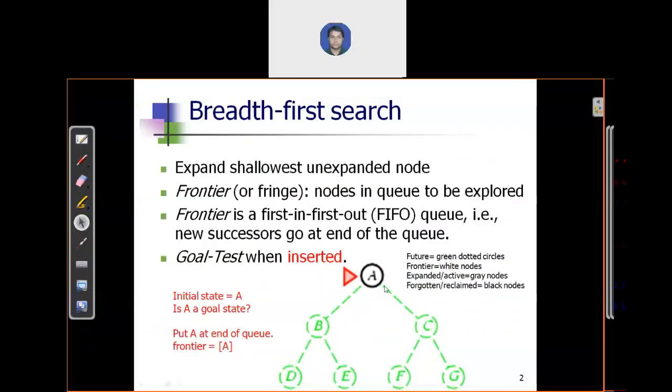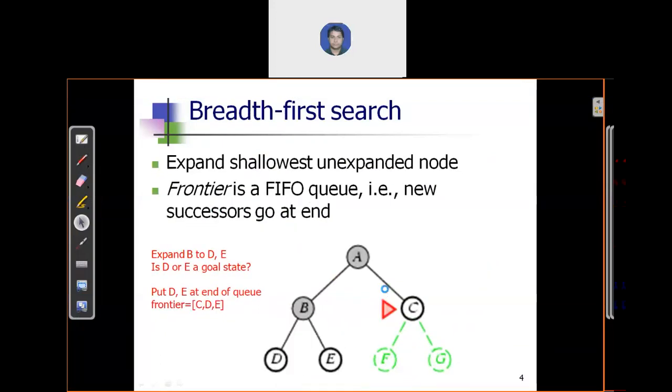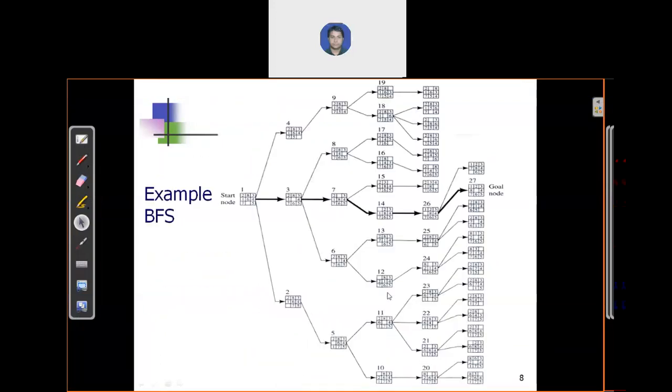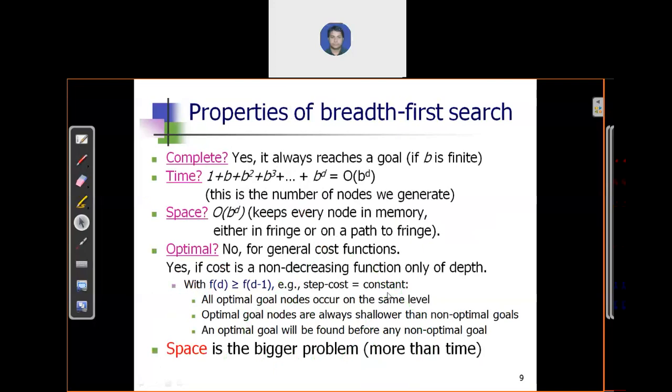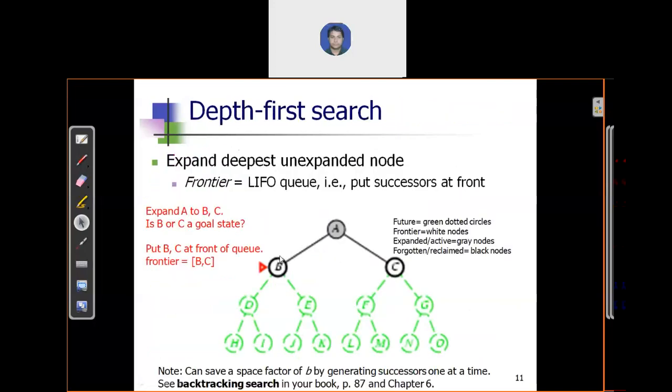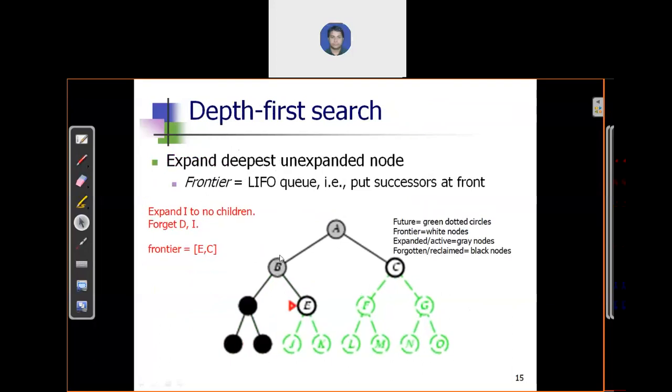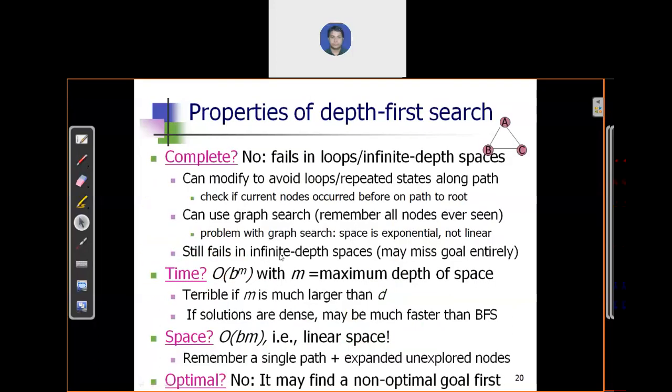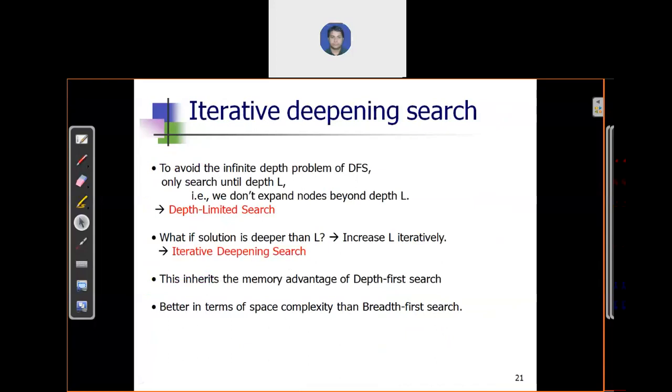We've seen the breadth first, so I'm not explaining the same search technique again and again. I'm just reading out some key points about iterative deepening search.